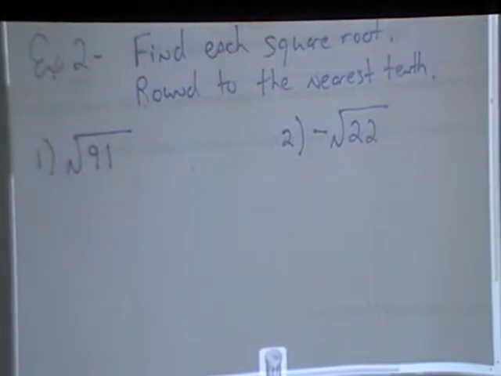Alright, so we're going to find the square root. This time they are not perfect squares. So don't freak out. It's not a big deal. You got a calculator, let's use it.